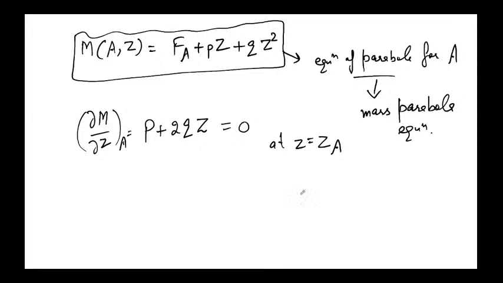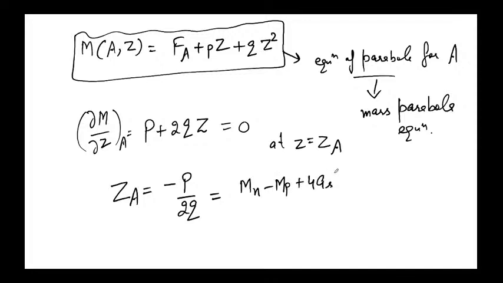So from here we get the atomic number of the most stable nucleus for a particular mass number, and it comes out to be minus P over 2Q. Now putting in the values of P and Q, we get 4 times As times A over 2 times the Coulomb energy term plus the asymmetry term.